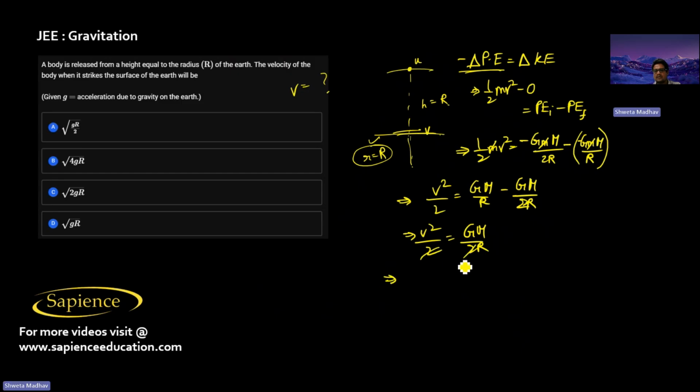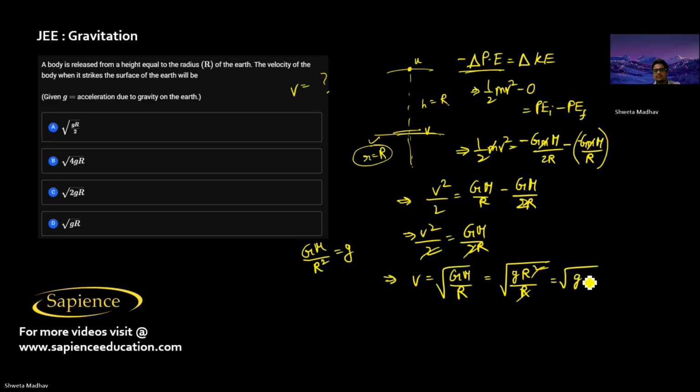So 2 will get cancelled, so v is equal to root G M by r. You know that G M by r square is equal to g, so G M is equal to g r square, so v is equal to root g r. So option D is the correct answer.